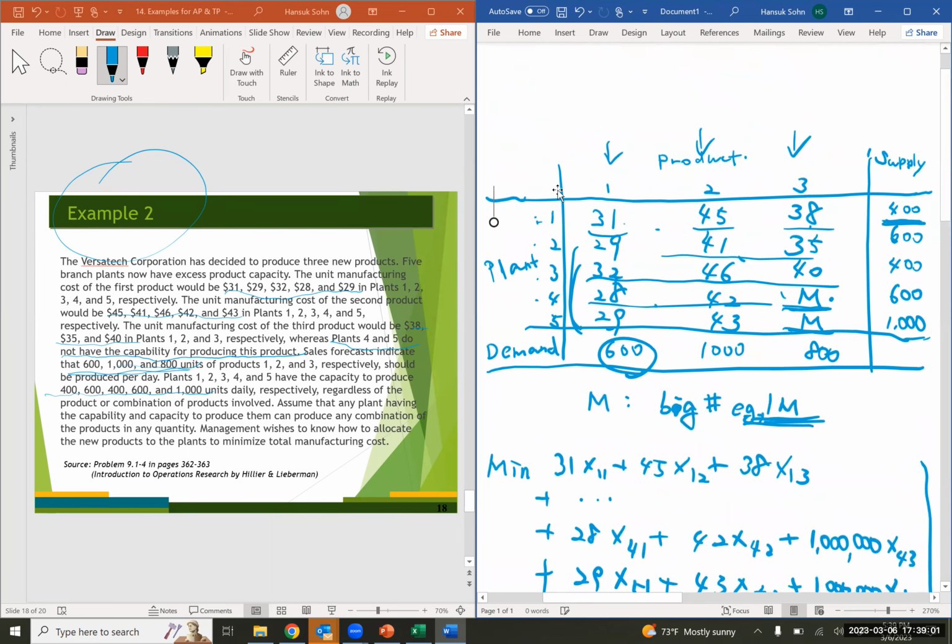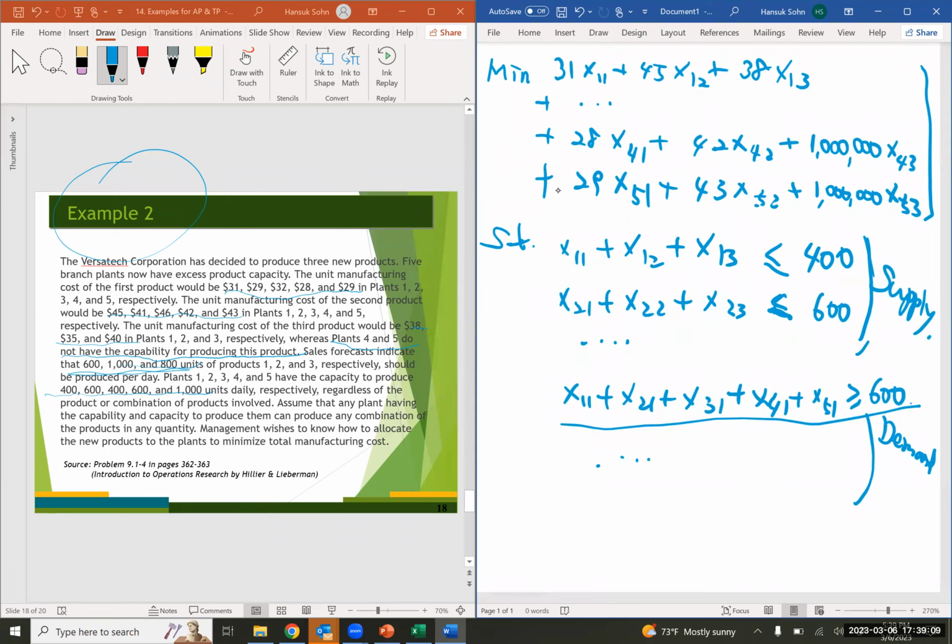You need 2 more for the second and third columns. And of course, you need to add a sign restriction for every x variable, for every i and j values.